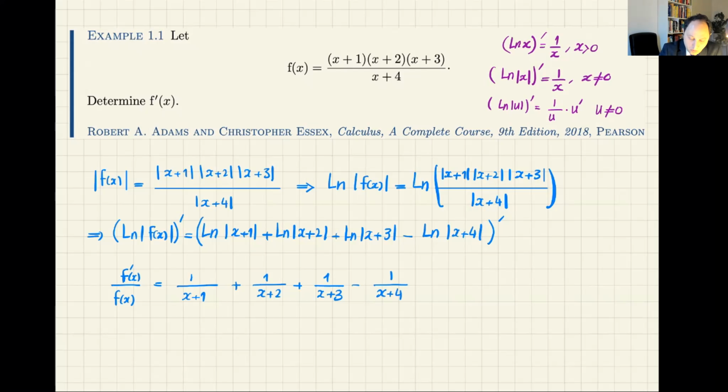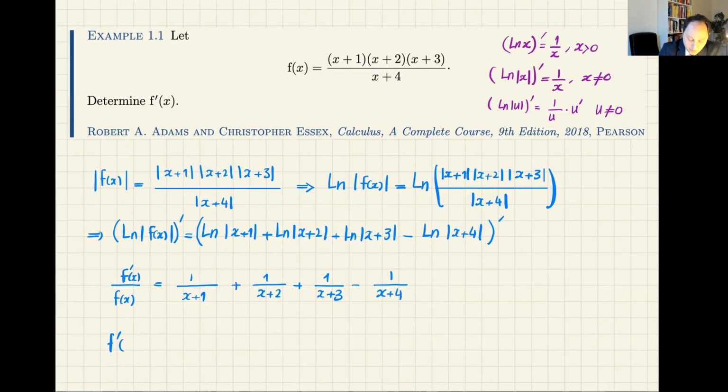But what was my goal? My goal is to calculate f prime. This is what is missing for me. Then the idea is clear. Can you tell me what should I do to find f prime? We multiply both sides by f of x. Exactly, thank you.